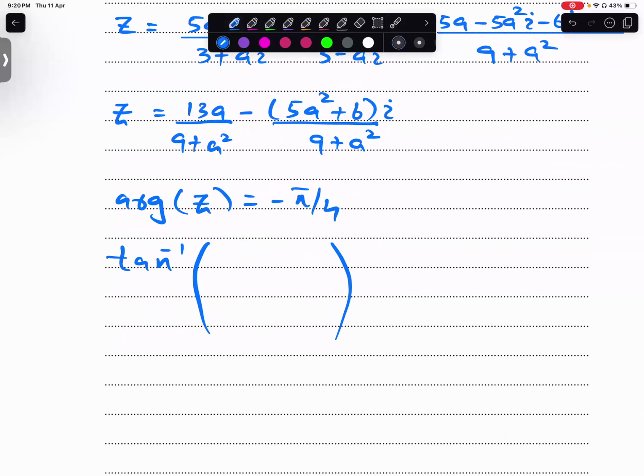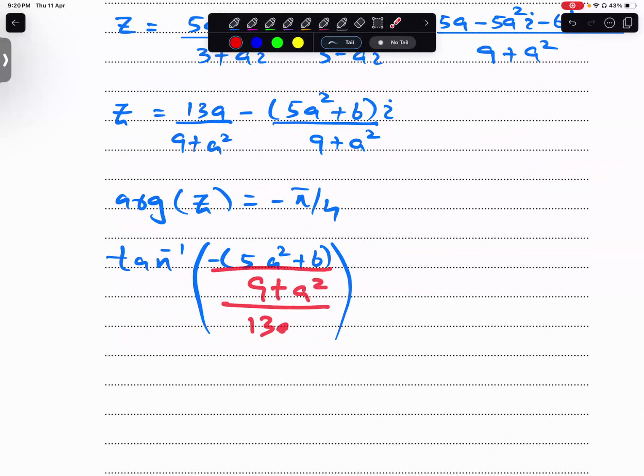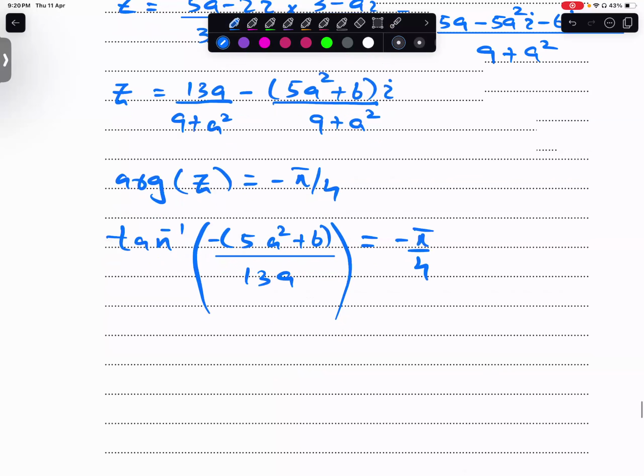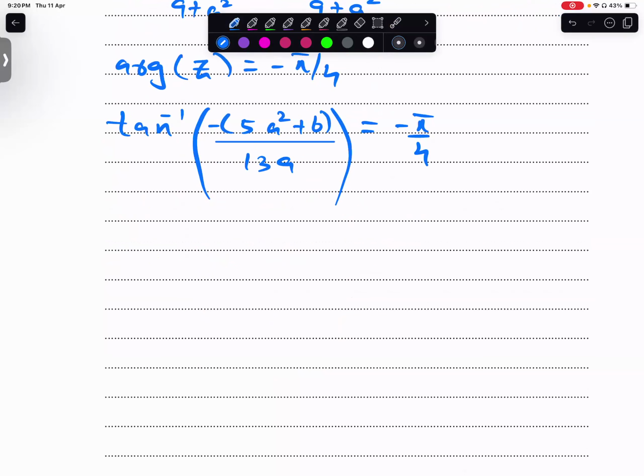So minus times (5a square plus 6 divided by 9 plus a square) whole divided by (13a divided by 9 plus a square). So this will be cancelled out, so I'm going to write it directly. It is given that it is minus pi by 4. Now bring tan inverse on the right side.